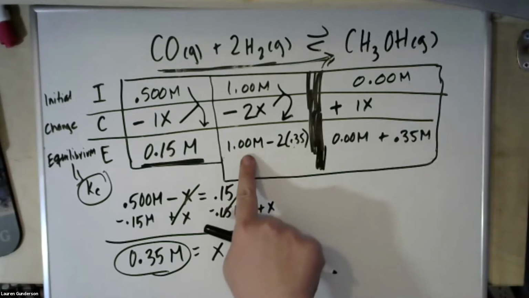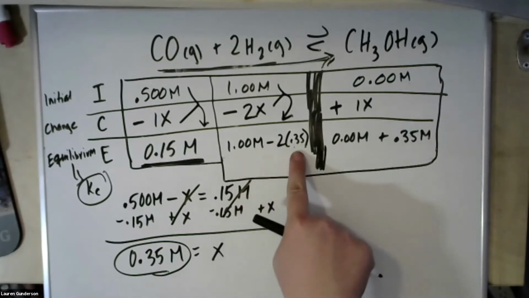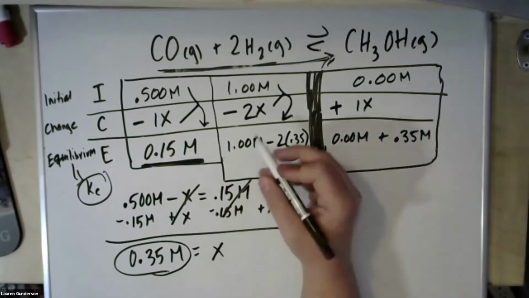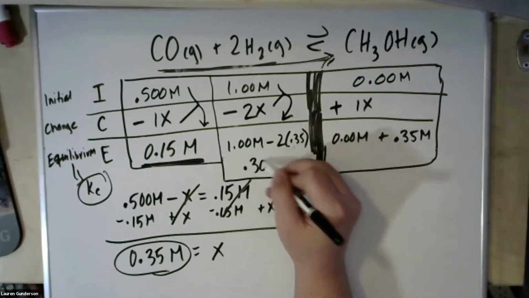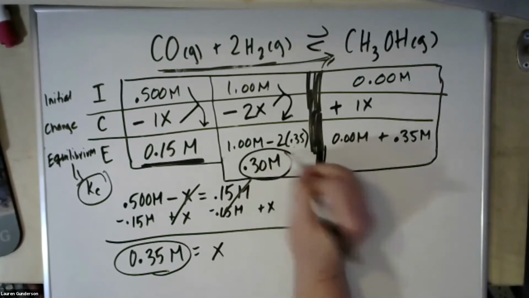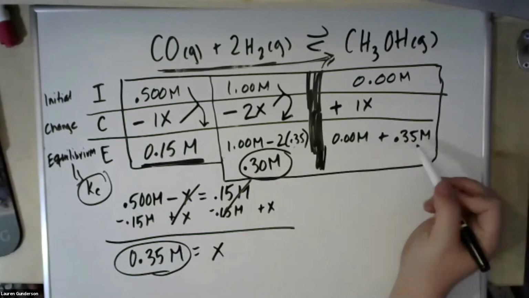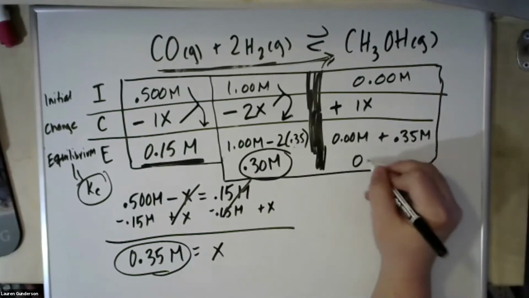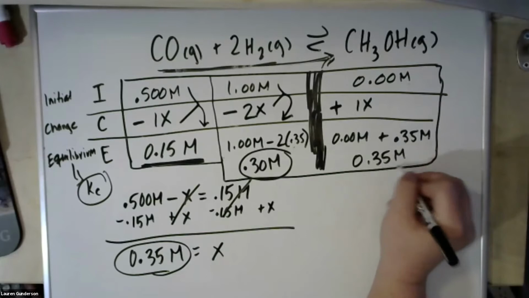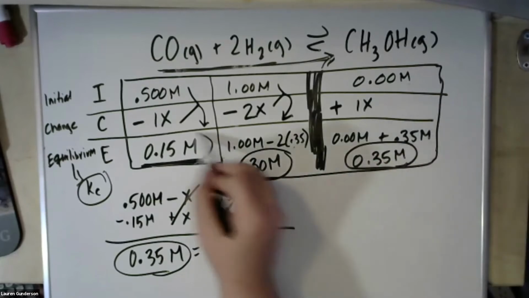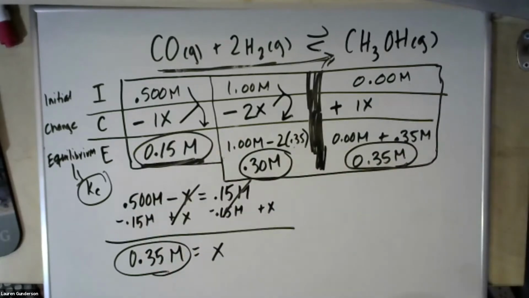If we have 1 molar minus 2 times 0.35 molar, we're going to be left with 0.30 molar. 0 molar plus 0.35 molar is going to be 0.35 molar. And we were already given this concentration. So now we have our 3 equilibrium concentrations. Now we can solve for Kc.